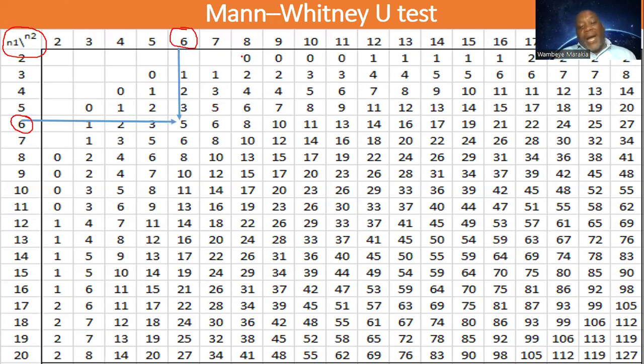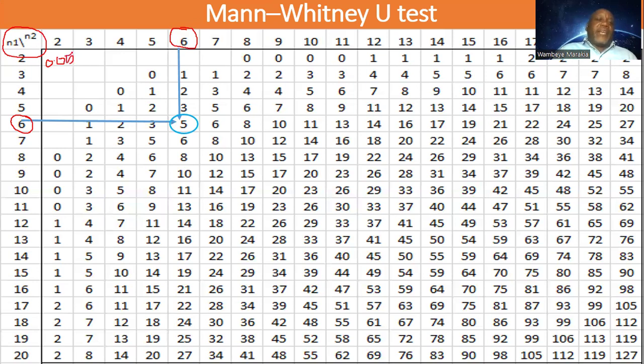So we see the two are intersecting at 5. So 5 is our critical value from the Mann-Whitney U tables, and this is done at 0.05. Our significance level is 0.05.